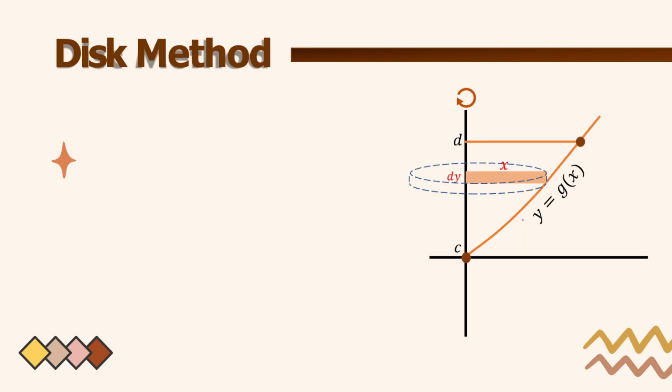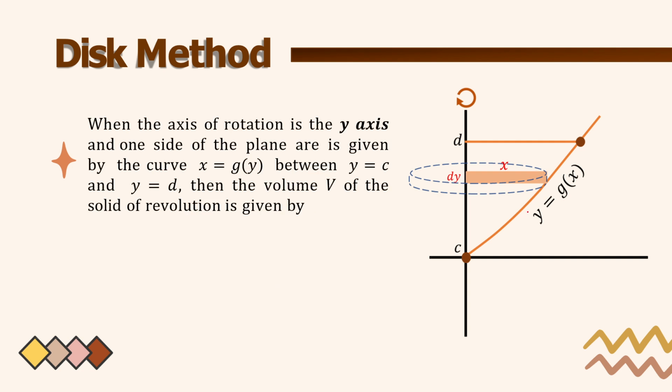The next is when the axis of rotation is the y-axis on one side of the plane. The plane area is given by the curve x is equal to g of y, between y is equal to c and y is equal to d. Then the volume of the solid of revolution is given by volume is equal to pi integral of x squared dy.